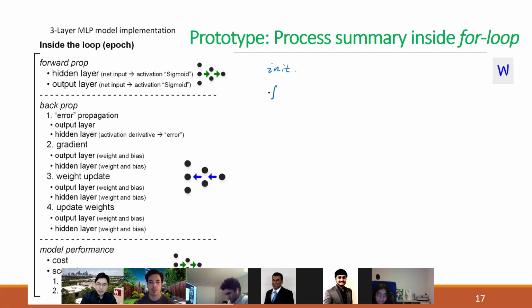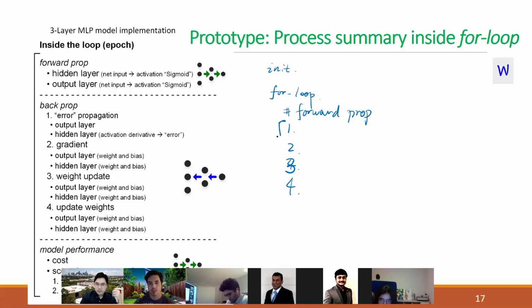Then we go into the for loop. The first thing to do is the forward prop. And inside the forward prop, I normally say 4 steps. It's easier to remember.